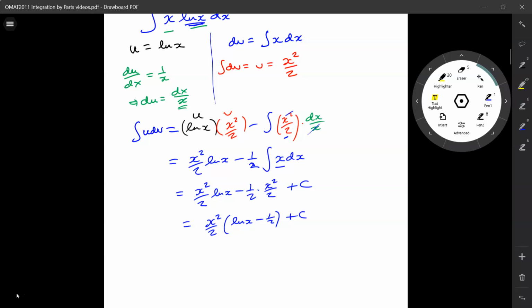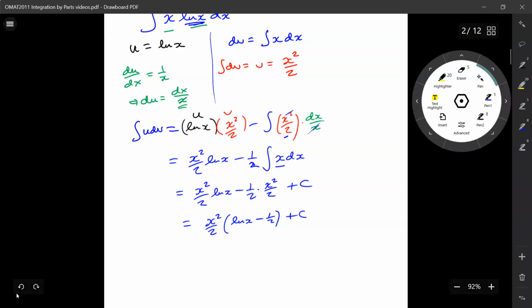How do you do that? That would be done by writing it like this. X squared over 2 times the log of x minus 1 over 2. So this is basically 2 log of x over 2. And that's how you can write them over a common multiple, and then bring this 2 outside. So it's x squared over 4 times 2 times the log of x minus 1.